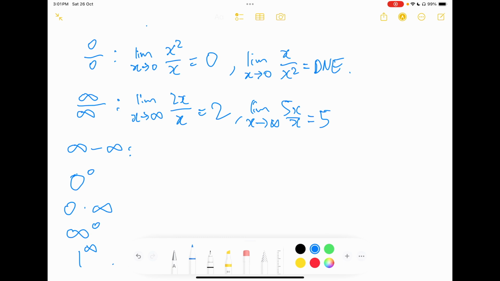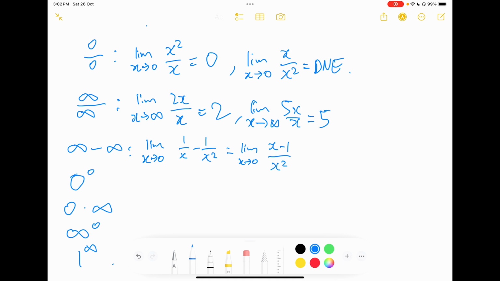So the next example would be infinity minus infinity, which, as you can see, for example, the limit as x approaches 0 of 1 over x minus 1 over x squared would give you, if we cross multiply, the limit of (x minus 1) divided by x squared.